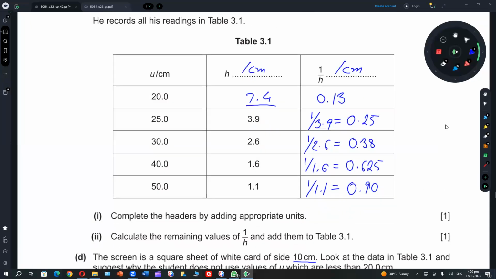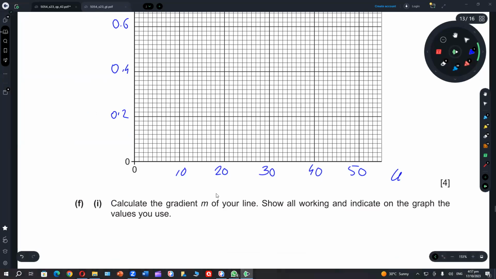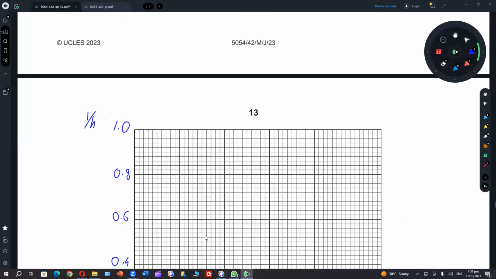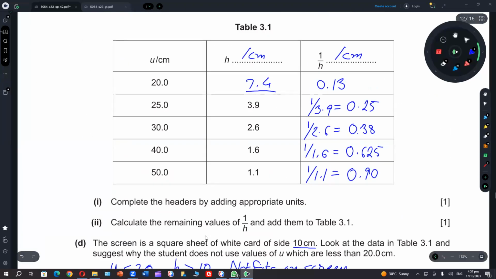The first is 20 against 0.13. Then it is 25 and 0.25.